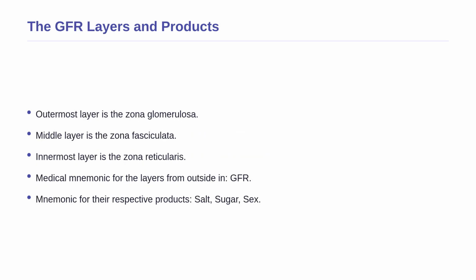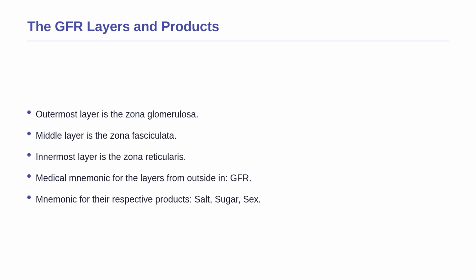Building on those three zones we just identified, let us learn how to remember them. From the outside in, we have the outermost zona glomerulosa, the middle zona fasciculata, and the innermost zona reticularis. In medical science, we use a very helpful mnemonic to remember this exact order, GFR.